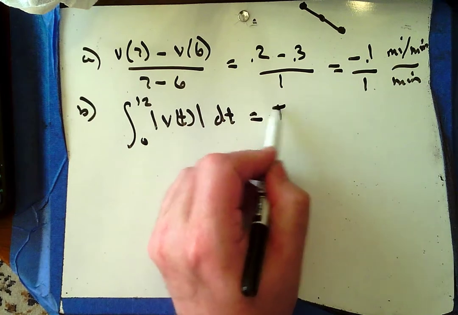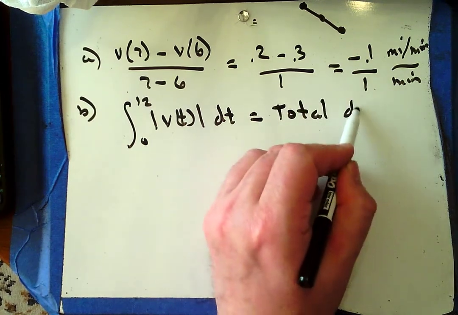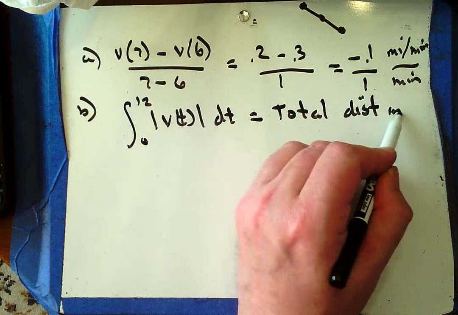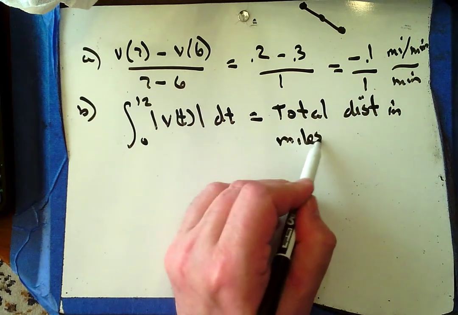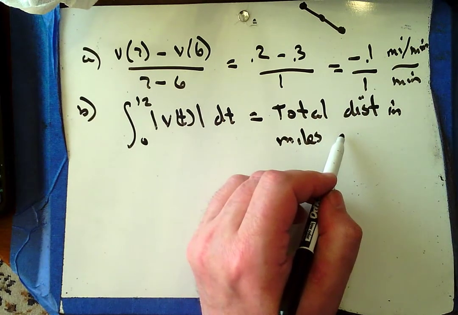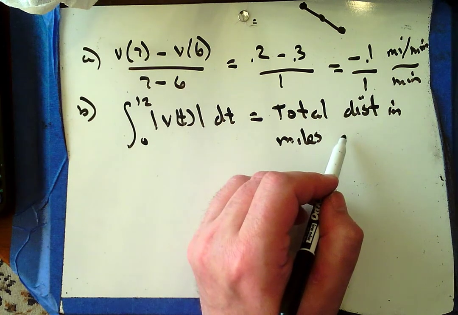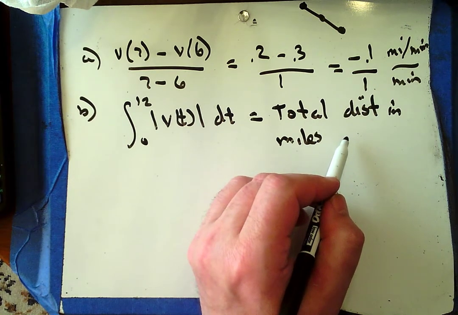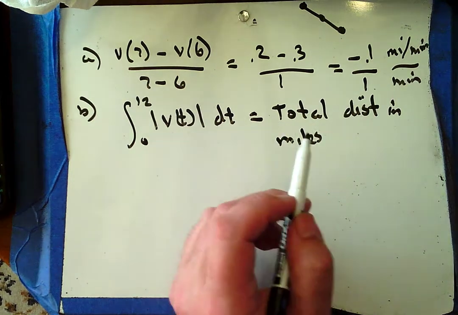And that is total distance in miles. It really is miles, isn't it? V for velocity in miles per minute, yes.